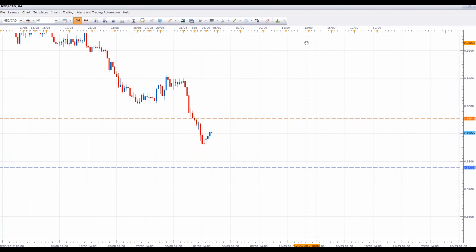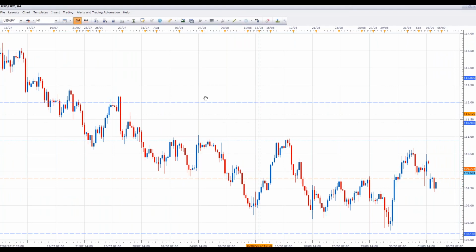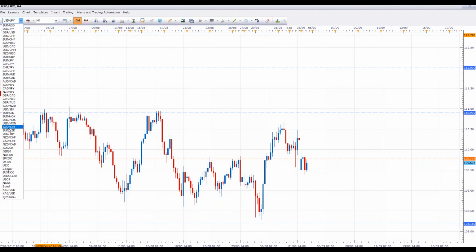You can see that we are in the continuation of this move to the downside in the New Zealand CAD, and just going back to the US dollar Japanese yen, this continuation move of this pattern is what we are looking for and expecting. So in the New Zealand CAD it's almost like looking into the future of what we're projecting in the US dollar yen.